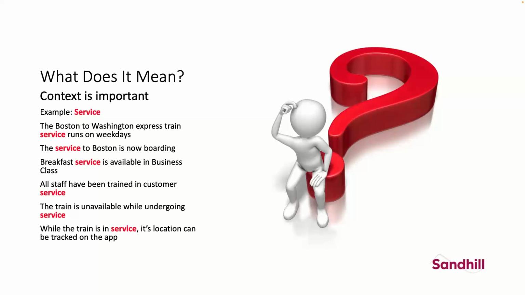The train is unavailable while undergoing service. While the train is in service, its location can be tracked on the app. It's the same word, but lots of different contexts. So these are things that within a business glossary and a data catalog, you have to be very cognizant of.